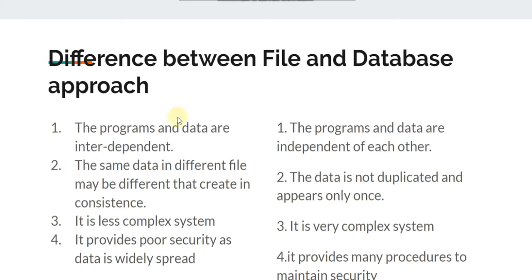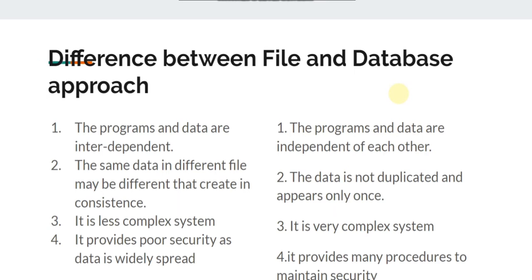In the file system the program and data are interdependent, meaning data is dependent on each other. That is why data updating is really very complex. While in the database system the program and data are independent of each other, meaning I have a DBMS program with the help of which I can access the data.